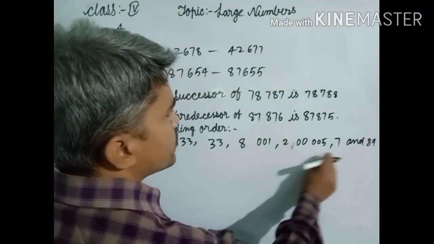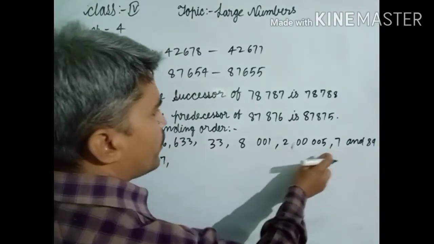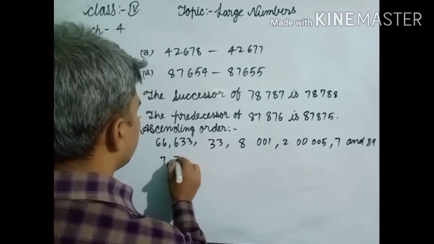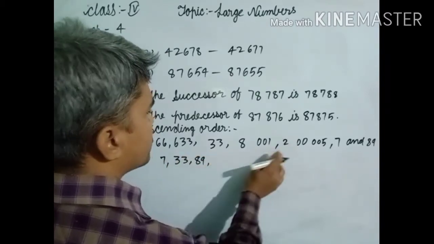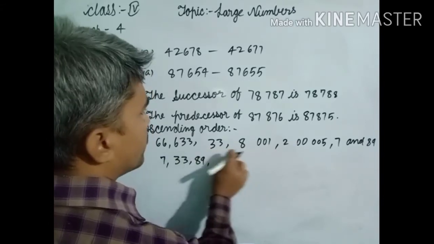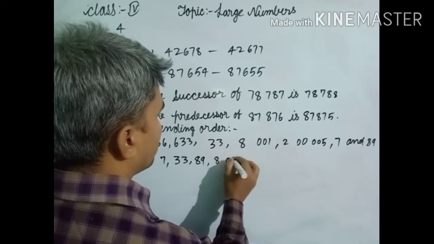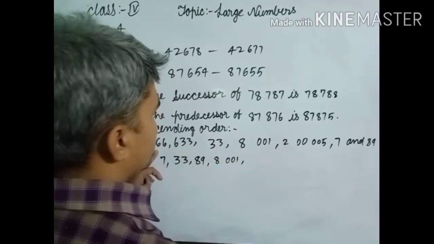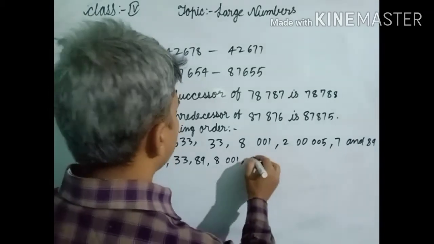Here 7 is the smallest number. Now the next number is 33. Now next 89. Now next 8,001. Next 66,633.